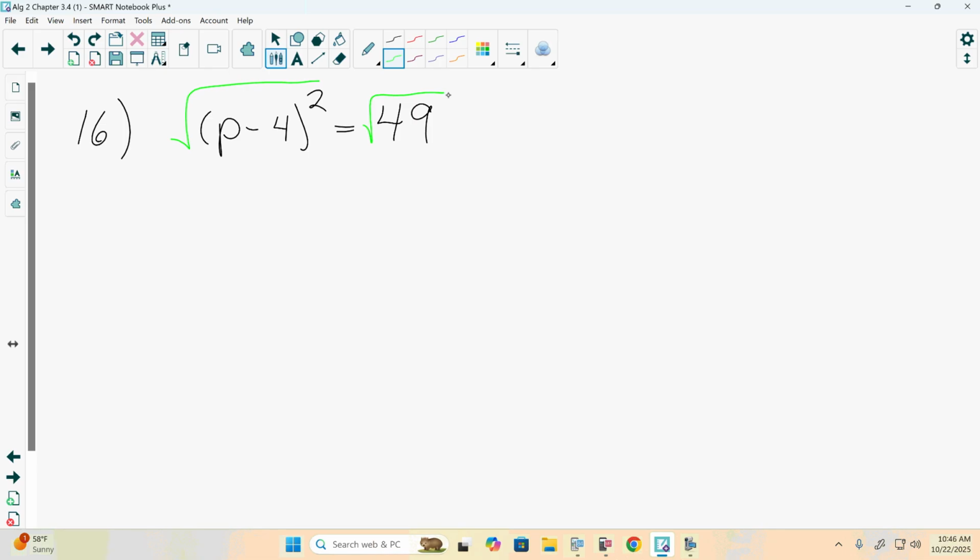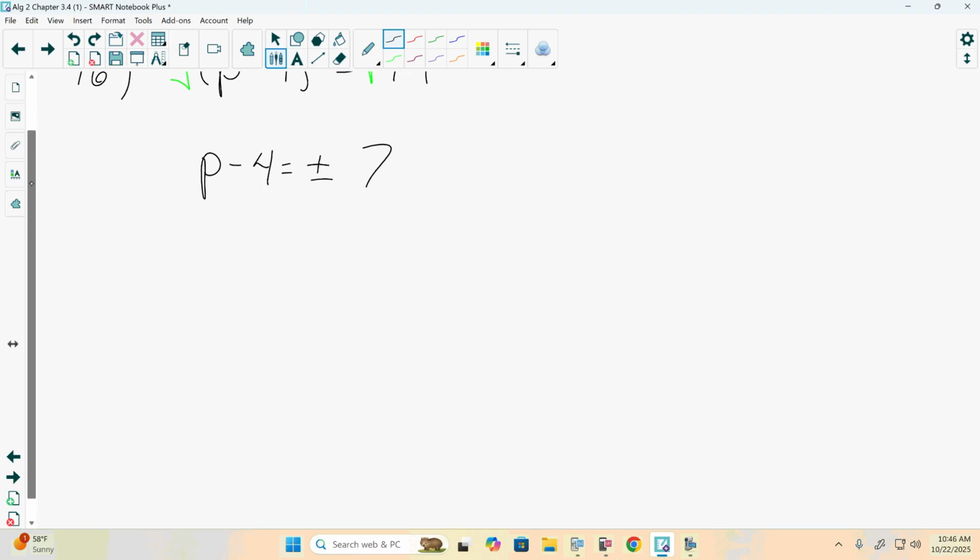Yes? On the left-hand side, the square root and square would cancel, leaving us with p minus 4 is equal to plus or minus. Well, the square root of 49 is 7. So once we take the square root of both sides, we find that p minus 4 is equal to plus or minus 7.